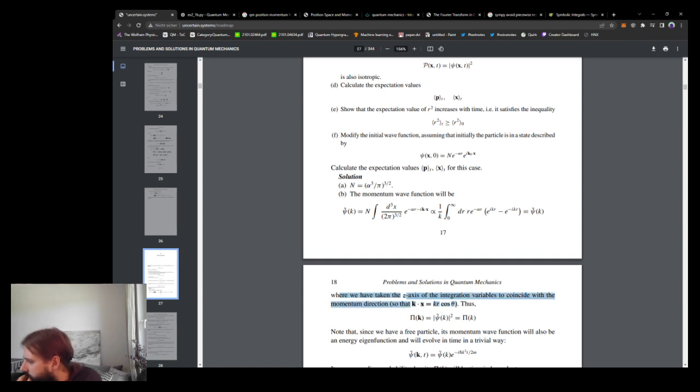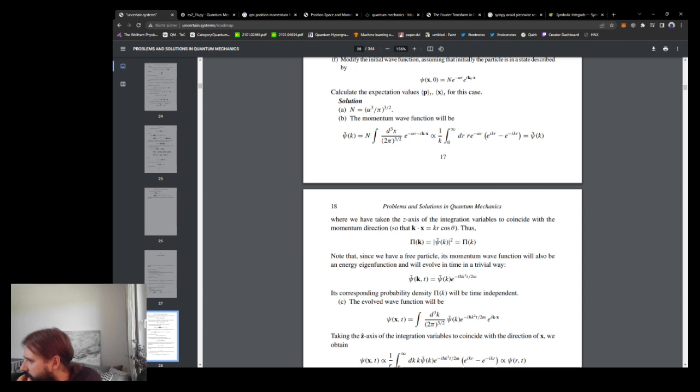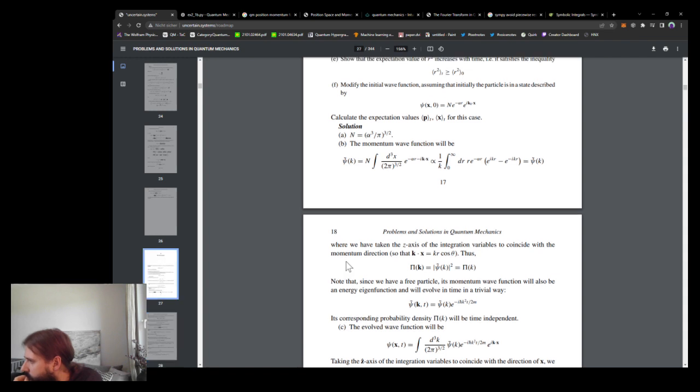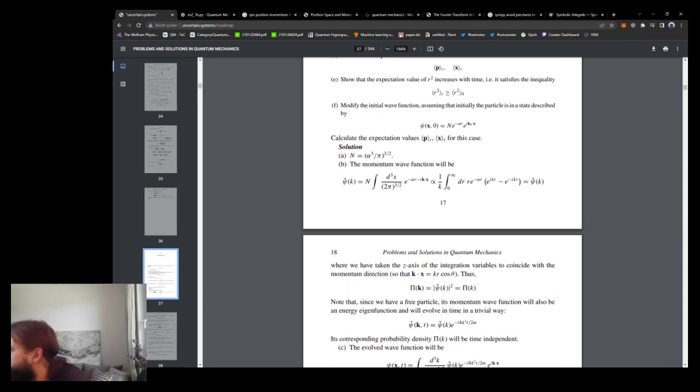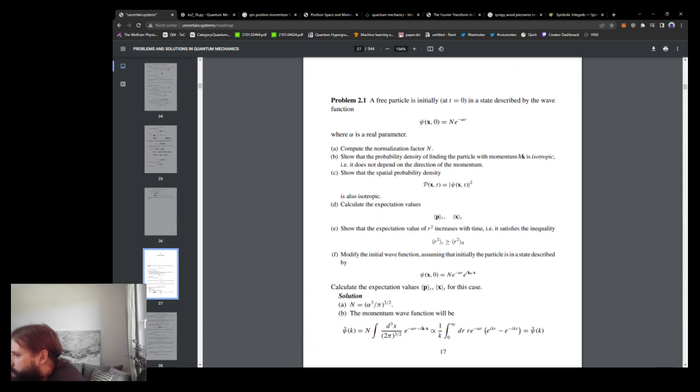What? Okay. So there's something else here you have to do, which is take an axis, an integration axis. This is kind of what I might be missing as well for these, right?